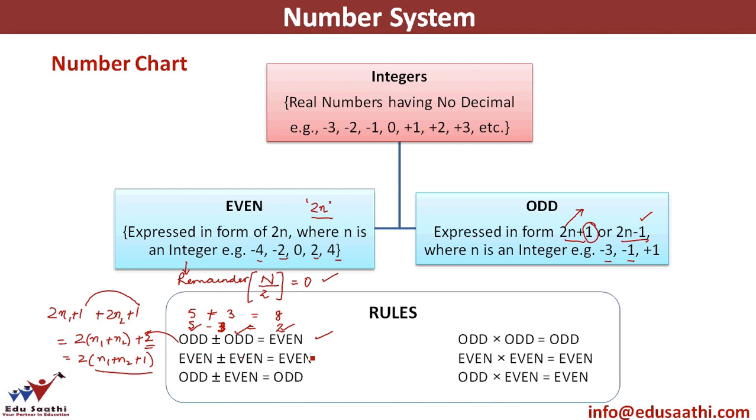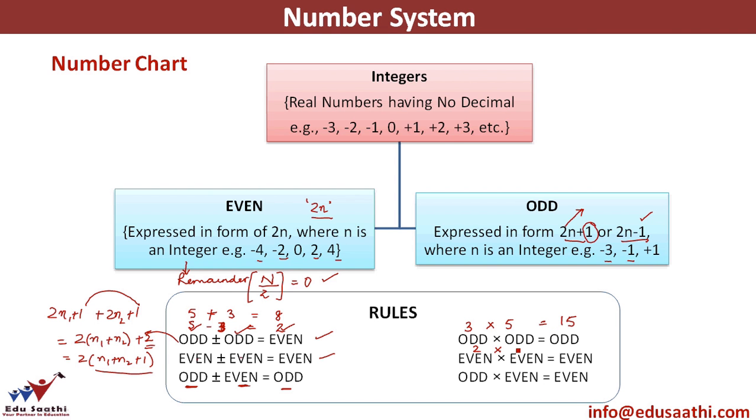Even and even adds up to give you even. Odd and even: there's a remainder of 1 and a remainder of 0. So if you add them up, the remainder of 1 will still be there to give you a number which is odd. Odd into odd will give you again an odd number.